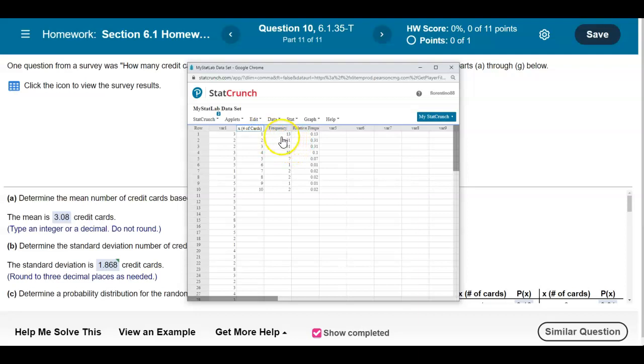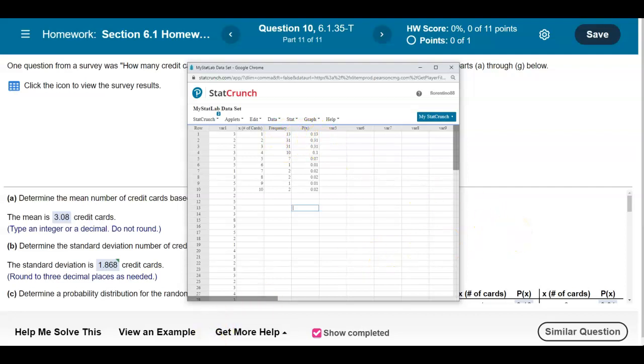Okay, and then we have our frequency, and then we have our relative frequency, which is the same thing as the probability of that value of X. So what that means is in our data, for the number of cards of 1, the frequency came out 13, and we have how many cards? Well, there are 100. So if you take 13 and divide it by 100, we get 0.13. We take 31 divided by 100 gives us 0.31.